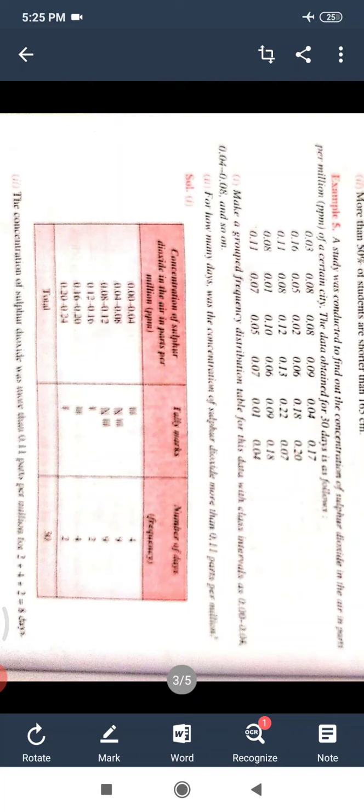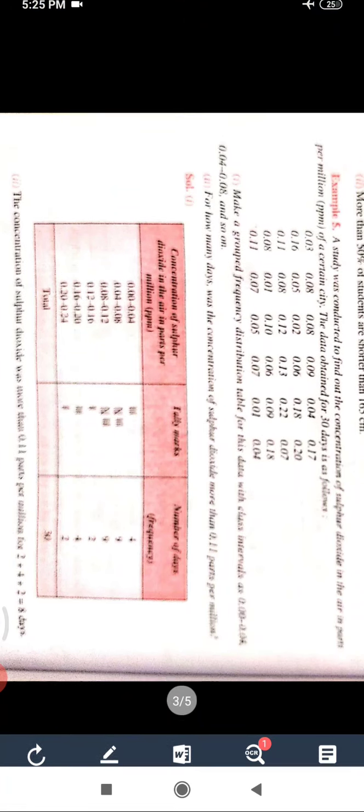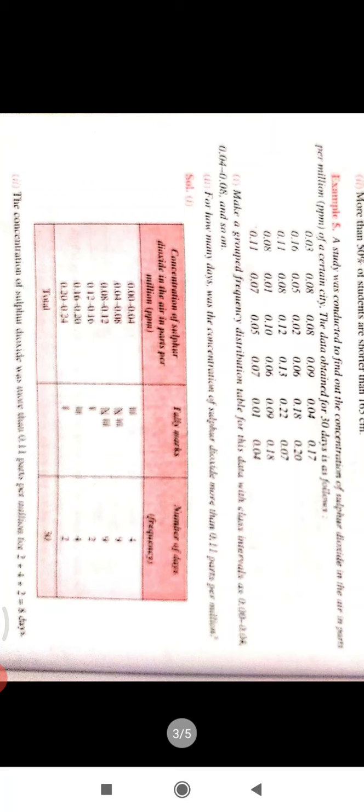Okay, we need not add any more classes because our maximum number is included in this class, 0.20 to 0.24. If you want to solve on your rough page, you can keep the PDF or textbook ready.